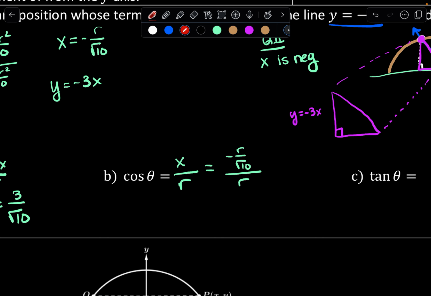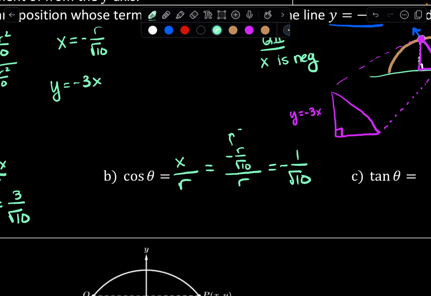So I've been talking about these types of fractions for a while. I want to ask how many r's go into negative r root 10. The answer to that is going to be negative 1 over root 10. That's how many r's are in there.